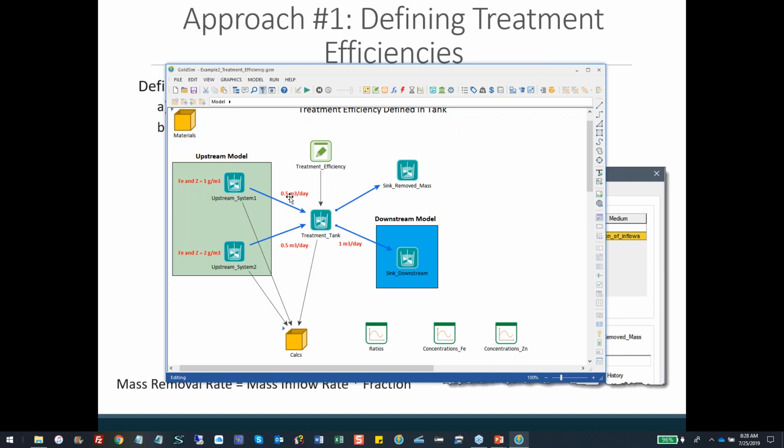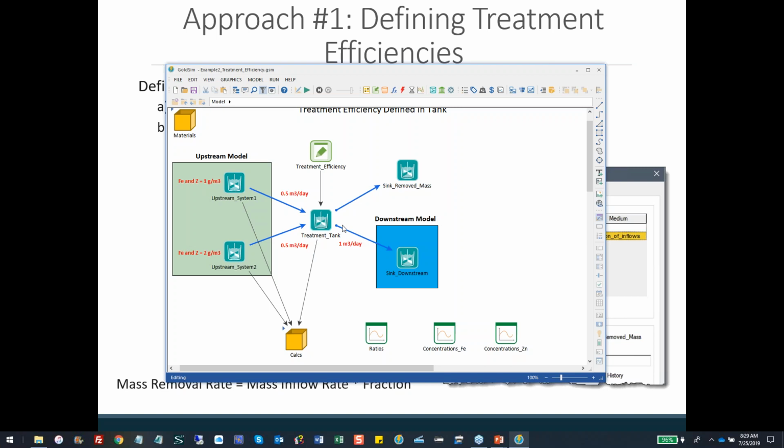We still have 0.5 cubic meters per day from each of these two systems coming in, and then 1 cubic meter per day is going to my downstream system, which again may be an entire model. I'm just going to send that mass in this direction, but then I need to remove some mass, and I have to put it somewhere. So this is mass that magically gets removed from the system, but I'm going to put it right here when I remove it. So how do I go about doing that within GoldSim?